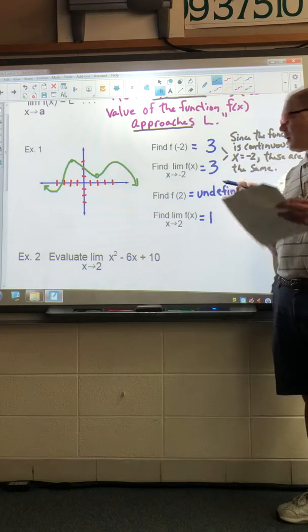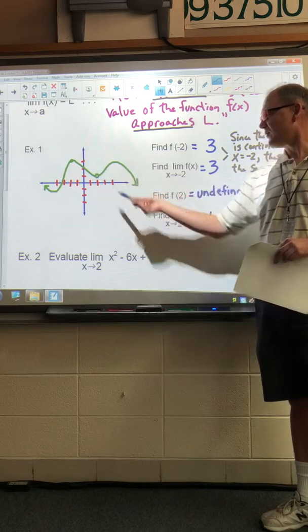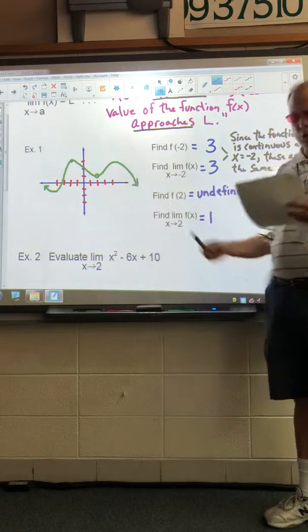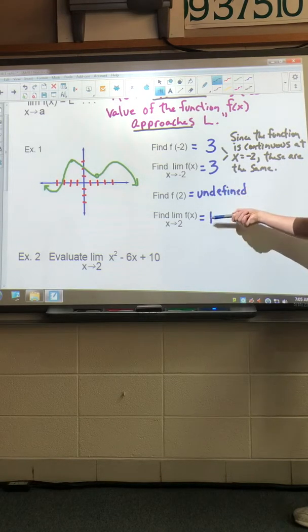If the function is not continuous at a given x value, like at 2, then the value of the function and the limit will be different.